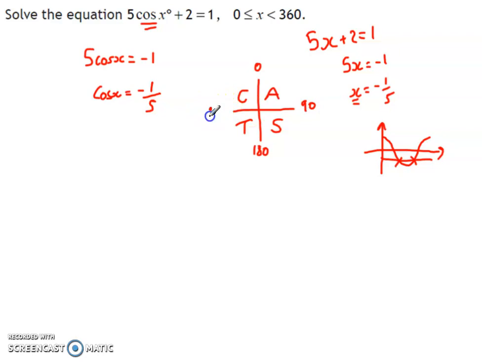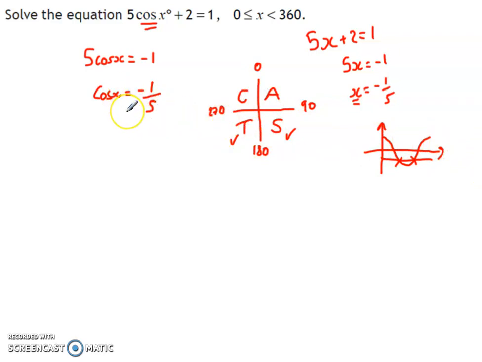So, if I imagine that I'm looking at my cosine graph and I've got a negative 1/5, I'm not going to get a solution between 0 and 90 degrees because cosine is always positive. I am going to get a solution somewhere between 90 and 180 degrees though, and I am going to get another solution between 180 and 270 degrees. If I go above 270 degrees, it's always positive, so I'm going to get no solution there.